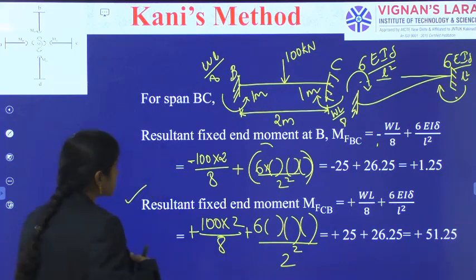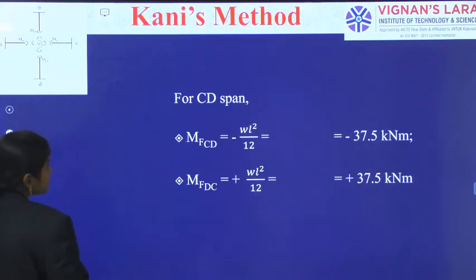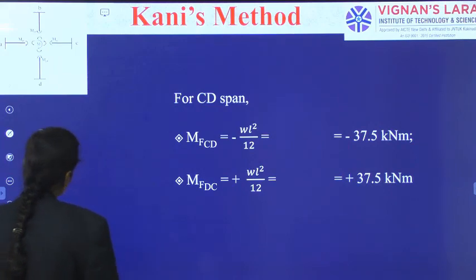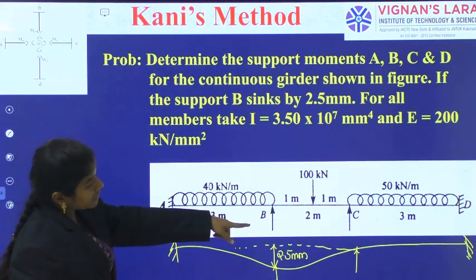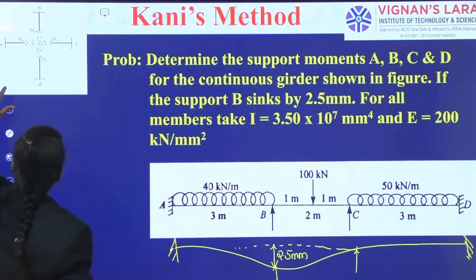The next thing is the corresponding fixed moment in the span CD. So, in the CD span, what we have observed, it is of a 3 meter length and carrying a UDL of 50 kN per meter.